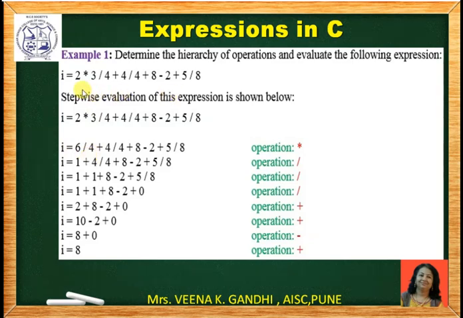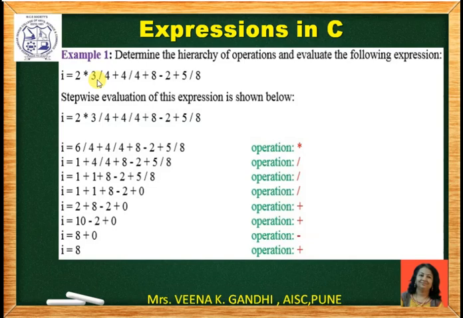Let us see one example. This expression contains multiple arithmetic operators. To evaluate it, we use operator precedence. Multiplication and division have higher precedence than addition and subtraction, and since multiplication and division have the same precedence, we use left to right order of evaluation.